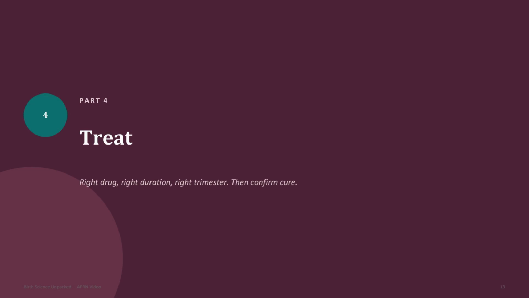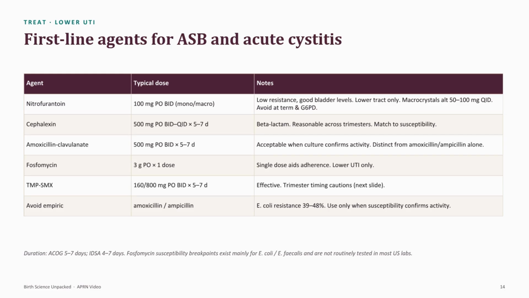Okay, part 4, which is treatment. Let's go ahead and match the drug to the diagnosis and to the trimester. All right, so for lower UTIs, first-line agents for asymptomatic bacteriuria and acute cystitis.